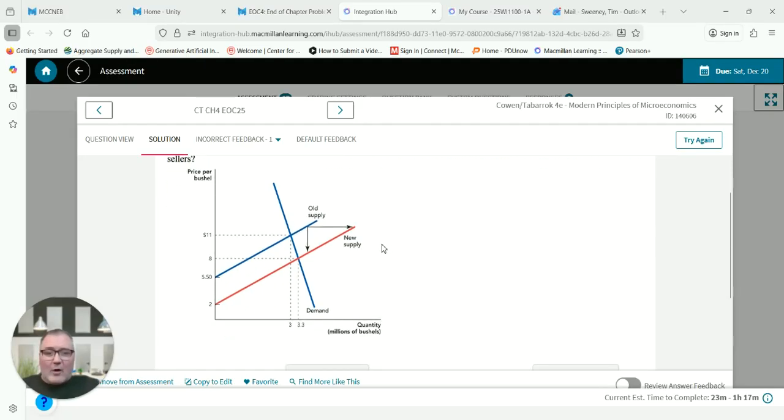Now, for the producer surplus. The producer surplus is the area, and we'll shade it in here just to show it, below the price but above the supply line. So the initial producer surplus was this whole area here. What is that? Well, that's 5.5, because 11 minus 5.5 is 5.5.